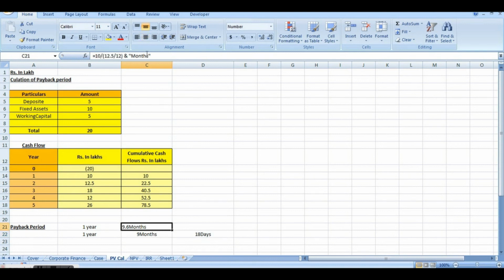So this is what you will get as an answer. 1 year and 9.6 months, or 1 year, 9 months and 18 days becomes your payback period. It means in this period you get back your investment of rupees 20 lakhs, and after that whatever you get is profit.